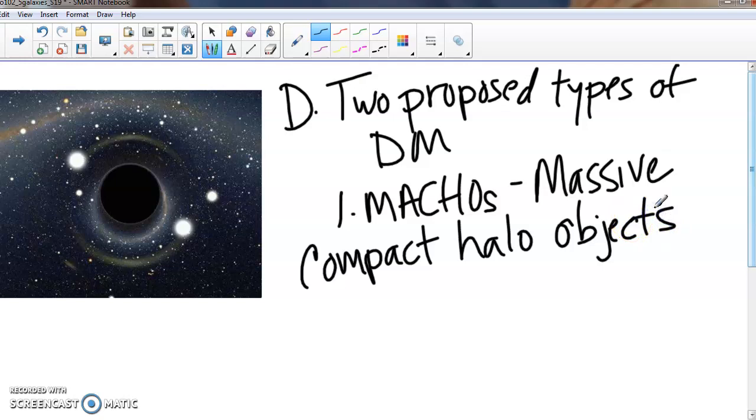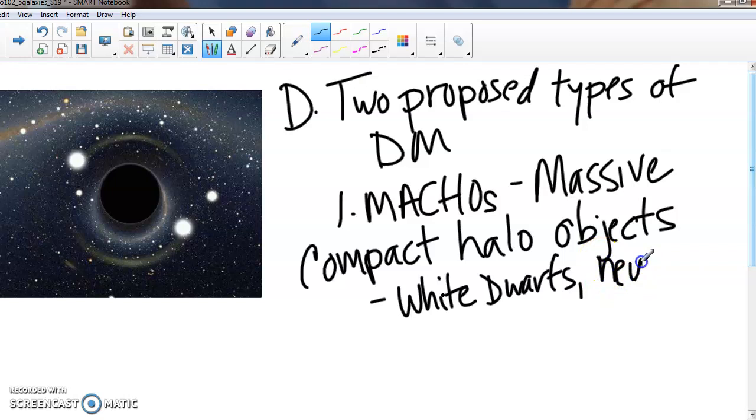Well, these are things that we've actually already talked about. These could be things that don't emit much light. Maybe they emit some light, but they're hard for us to see. These could be things like white dwarfs. They're very, very small, even though they emit light. They're small, so they're hard to see. Other things that are small and hard to see: neutron stars and black holes.